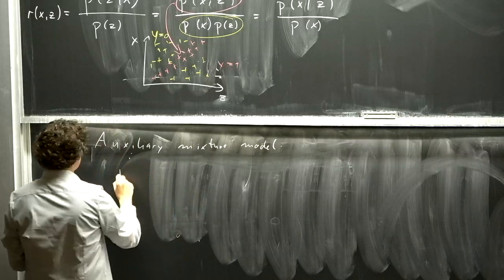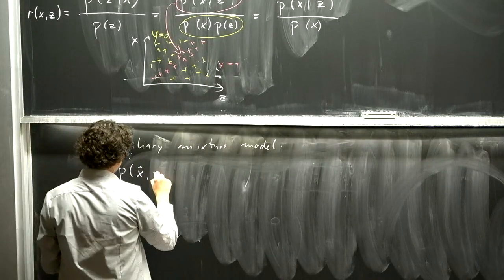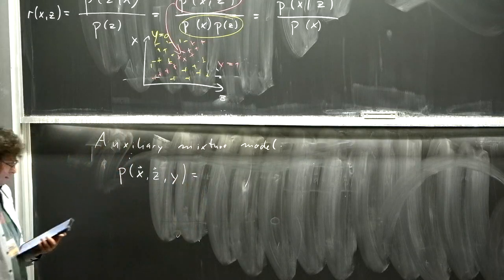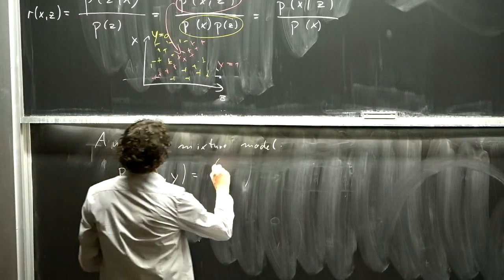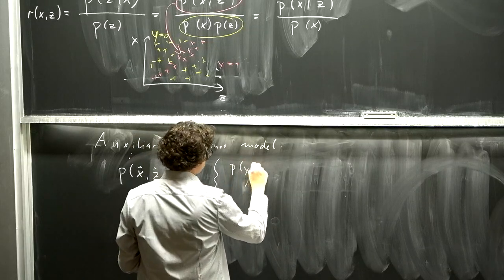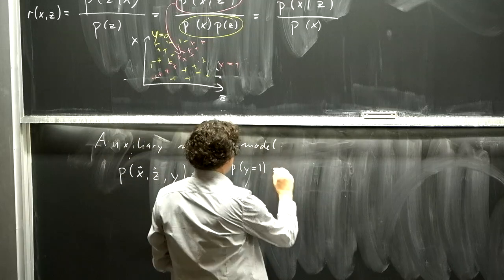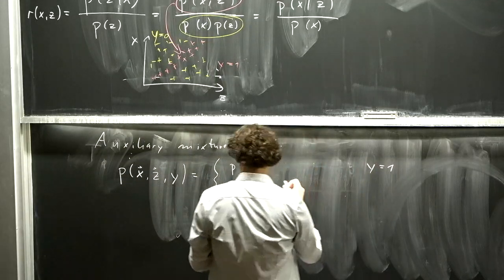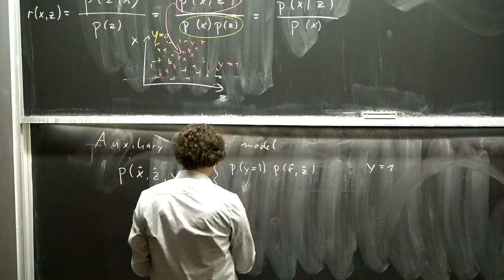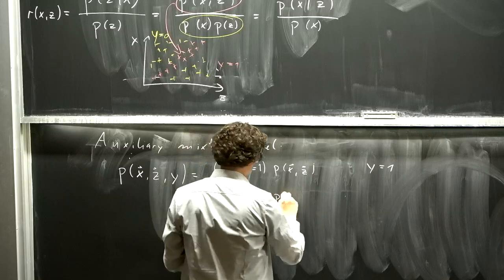We introduce a new model that now depends on the data, and it depends on the parameters, and it depends on the class parameter y. And we set it up such that for y equal 1, it equals the joint distribution for parameters and observations, and otherwise it equals the marginal distribution.